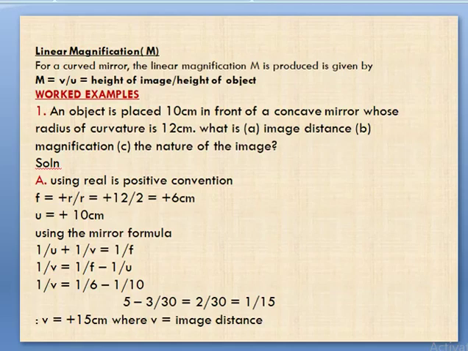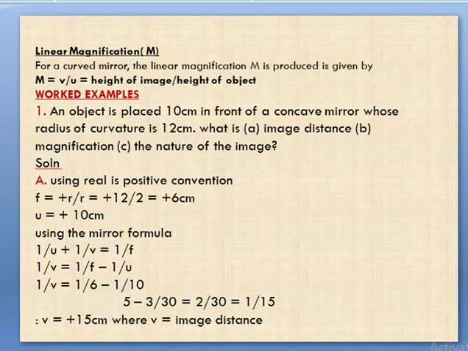We equally talked about our mirror formula, where we have that 1/U + 1/V = 1/F. Then we saw the sign convention: real is positive, the new Cartesian.